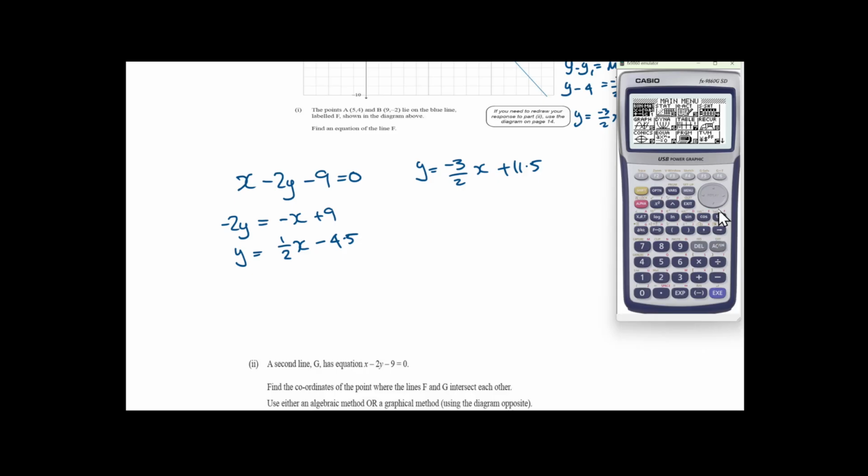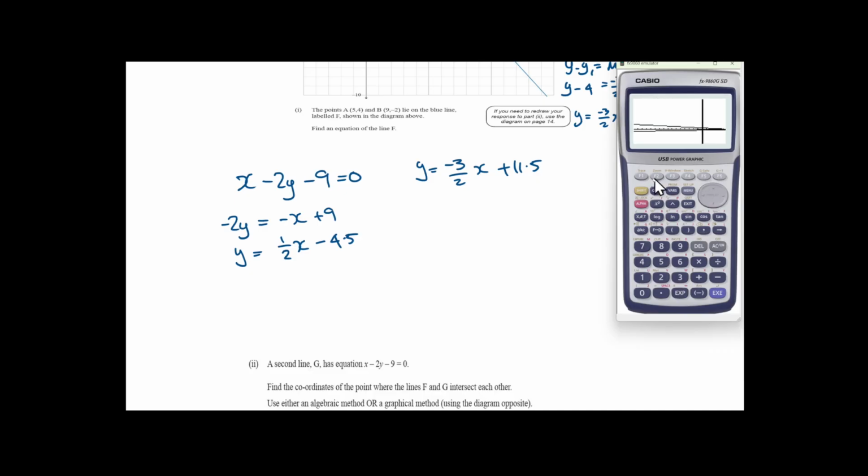So now they're in the form that we want, and now we would be justified in just using the calculator, to be honest. I know it probably is cheating, but x minus 4.5, one of the graphs, and this one is -3 over 2 x plus 11.5.